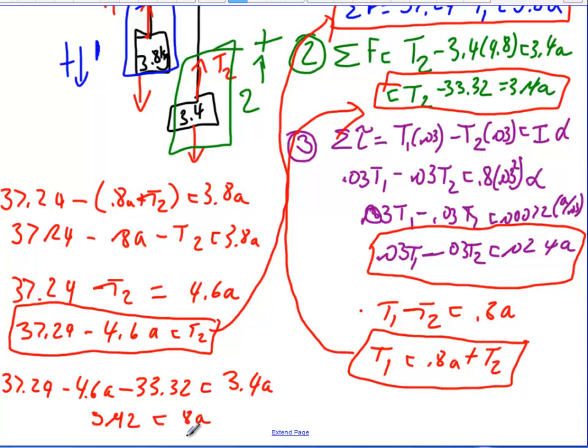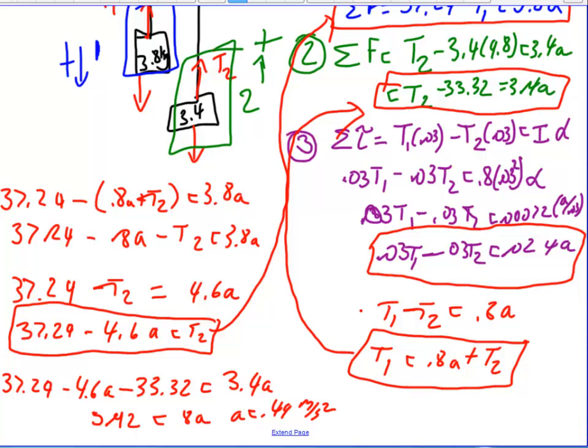Right? So 3.92 divided by 8 is 0.49, and so the acceleration A is 0.49 meters per second per second.